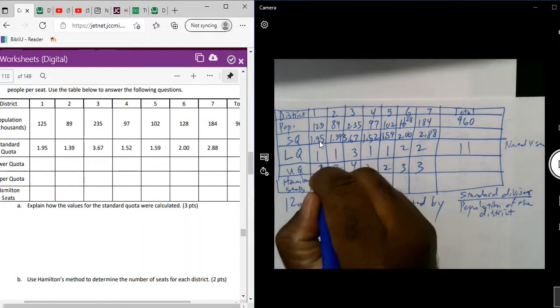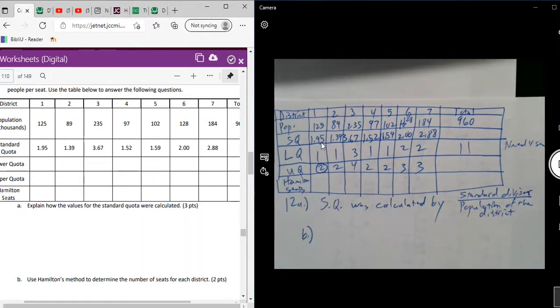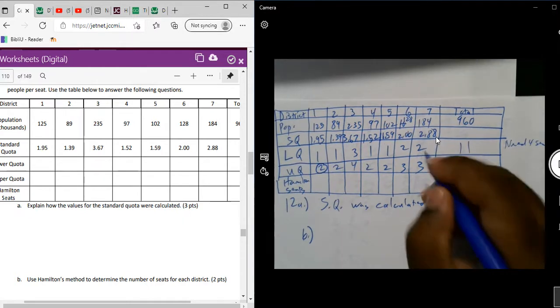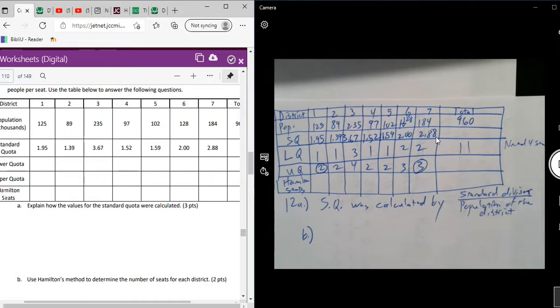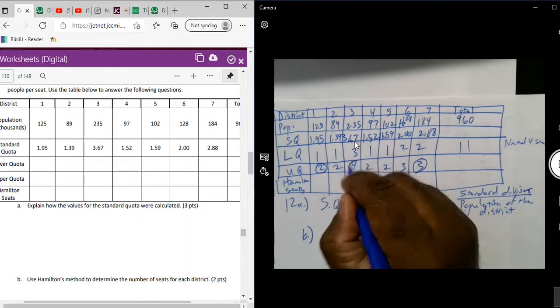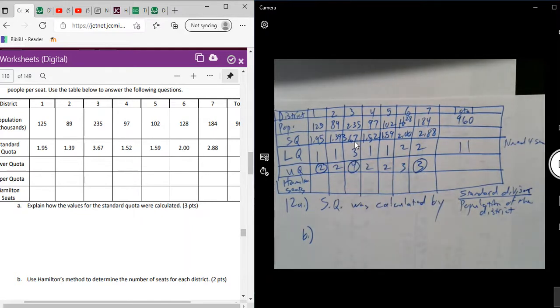I'm going to circle their upper quota. 0.88 is another one, so that's 2. Next would be 0.67, that's the third one, and we need one more, which would be 0.59. So Districts 1, 3, 5, and 7 will use their upper quota instead of their lower quota.